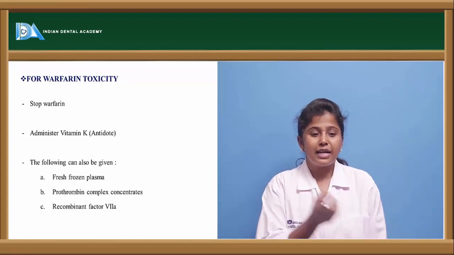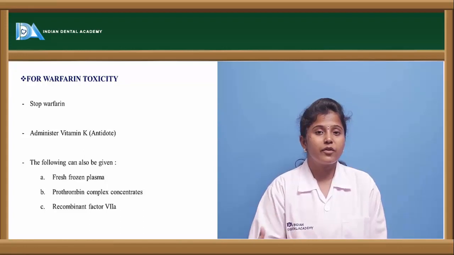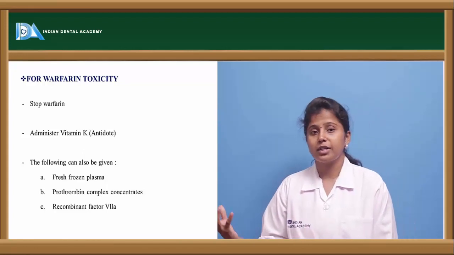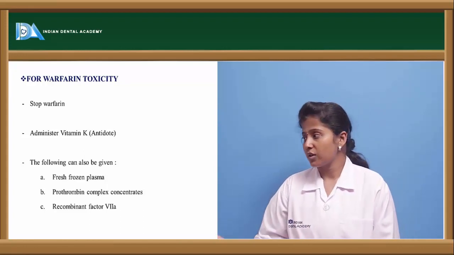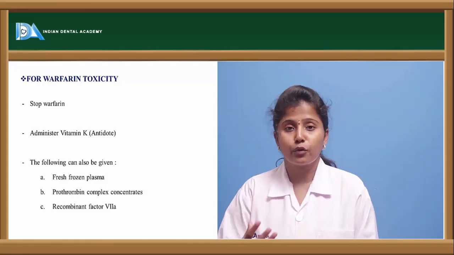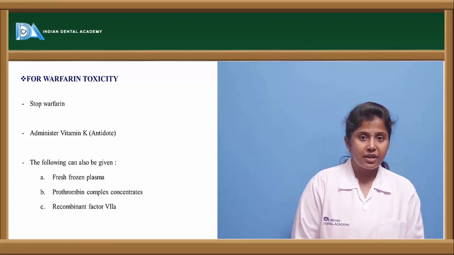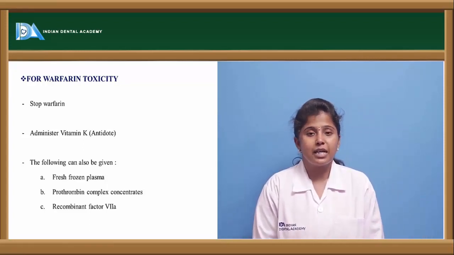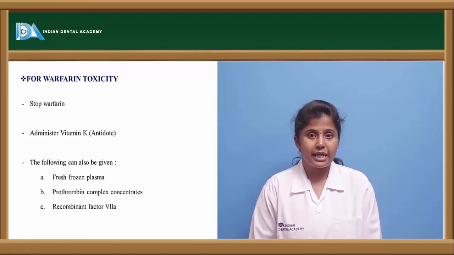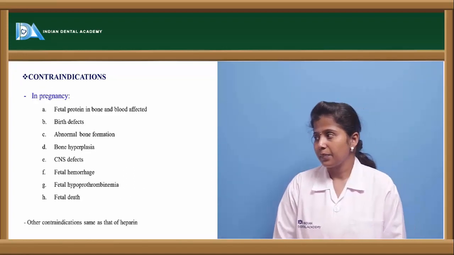So we have to extract plasma, and we have to store it, and the fresh frozen plasma is to be administered in order to antagonize the toxicity of warfarin. Prothrombin complex concentrates, the prothrombin supplements, are given, and recombinant factor 7A. So this 7A is prepared through recombinant technology, and that has to be administered in warfarin toxicity.